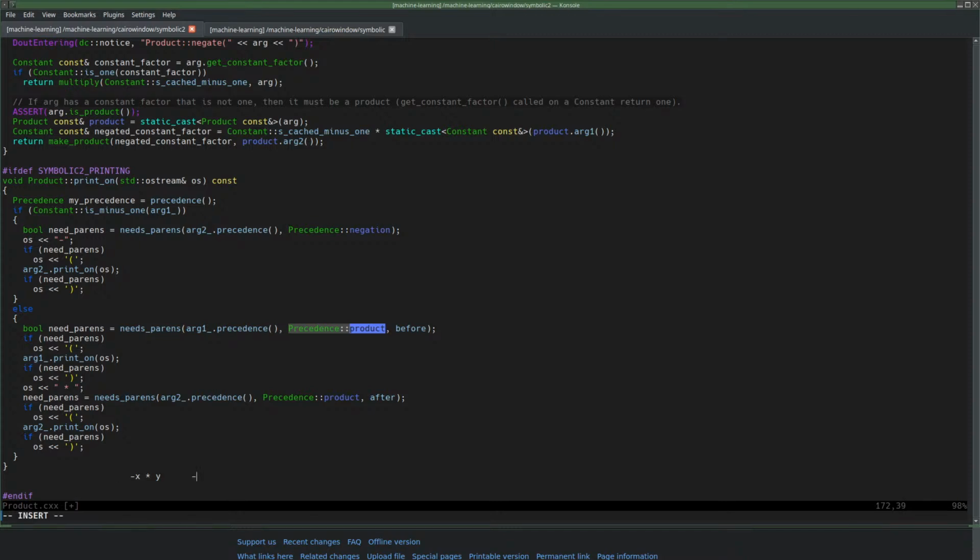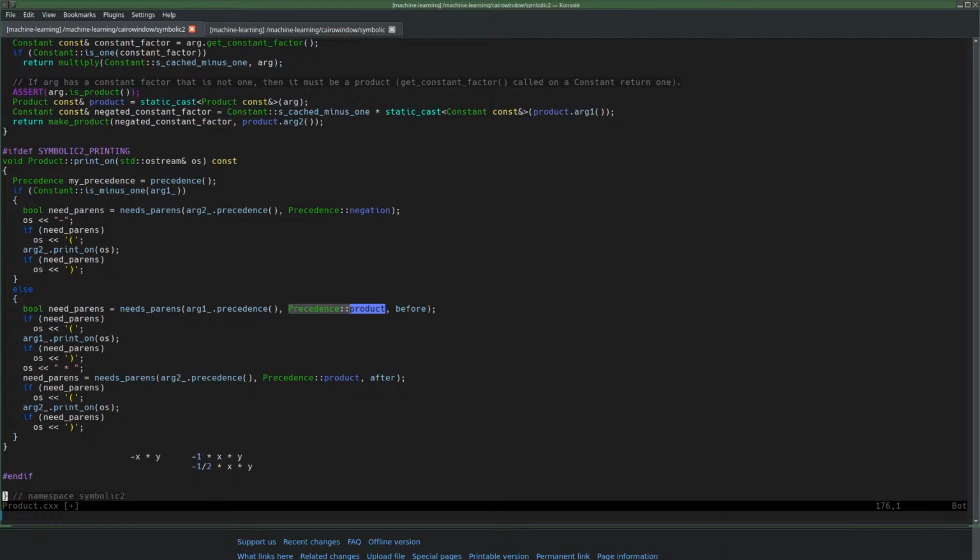So actually this is minus 1 times x times y. You can make them more prevalent by saying minus a half times x times y. But then it should just be printed the way you see it now. So that would just be that.